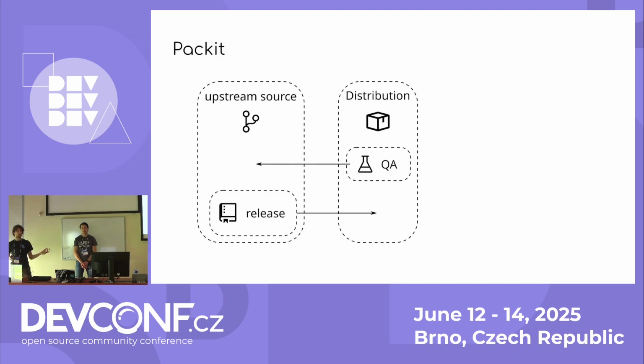So if there is a contribution to the upstream project, you will directly see if it breaks something when it gets to the distribution user. Then there is the opposite direction, and that's the automation of the release process. So make it as smooth as possible when upstream releases a new version of the project, so it gets quickly to the user through the distribution.